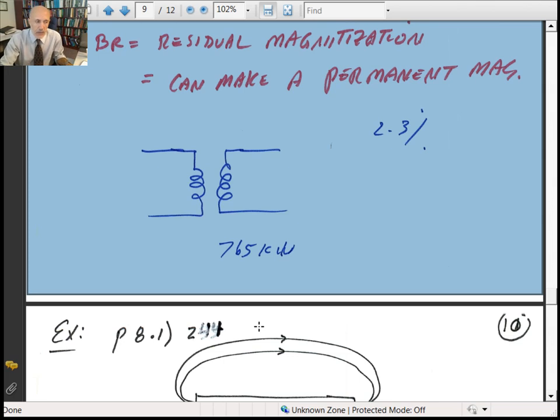Let's look at an example, problem 8.1 on page 244. It says calculate the flux density for the shaded area in figure 8.27A. Assume that each line of force represents 120 microweber of flux.